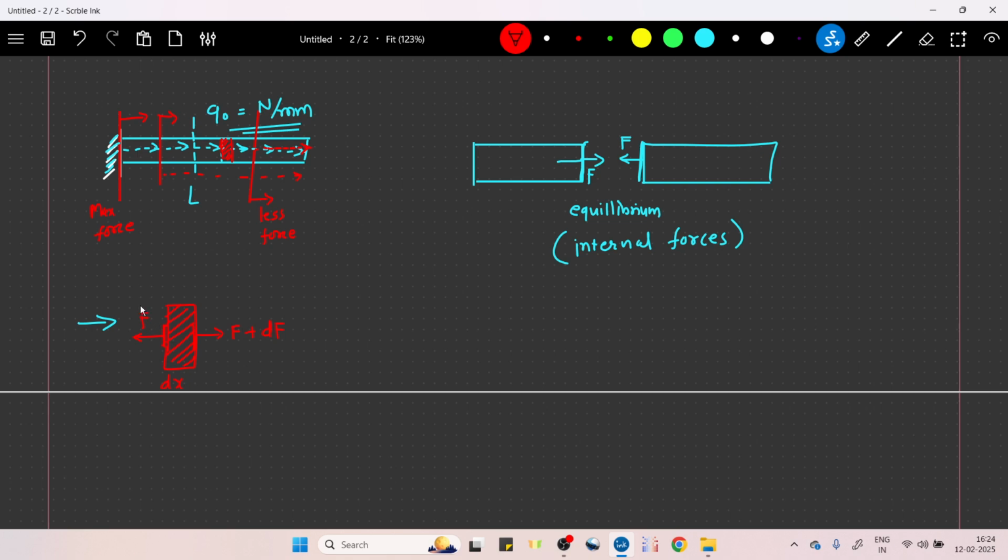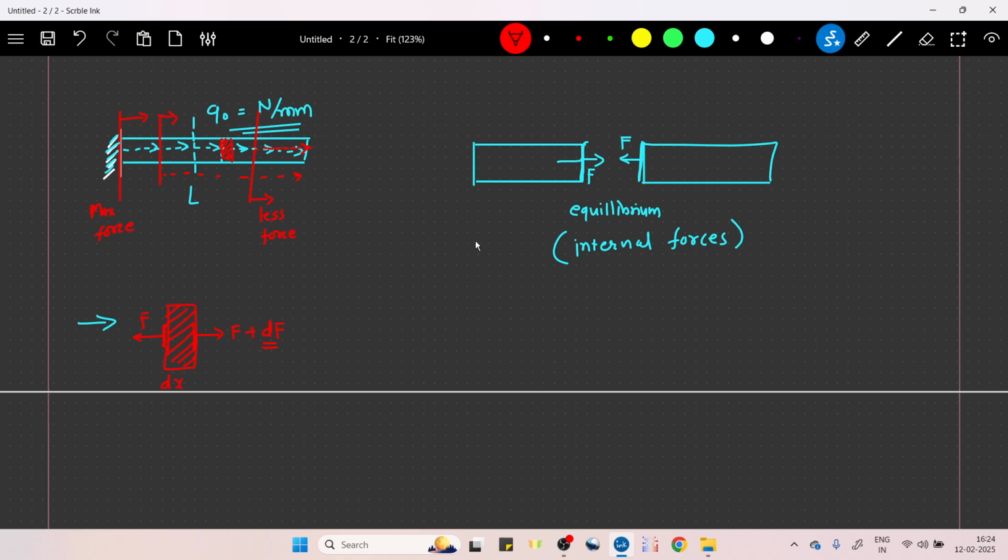Because it is going to experience only this much of external force. So that way we can say if this section is F, this particular section will have force with the increment of dF. So dF can be anything, positive or negative. In this particular example, dF is going to be negative. So we can say F plus dF.